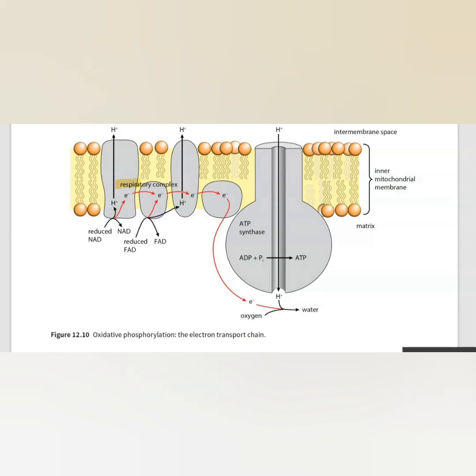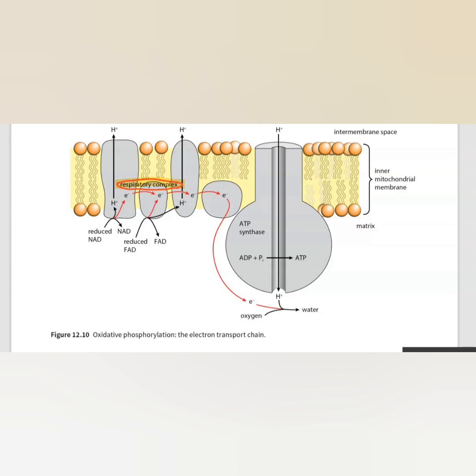This is the respiratory complex, and it has a special name also, the cytochrome complex. Cytochrome is one of the important proteins of the mitochondrial inner membrane, so that's why its name is cytochrome complex.